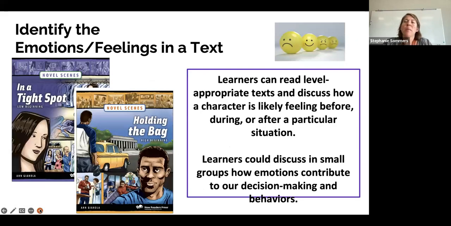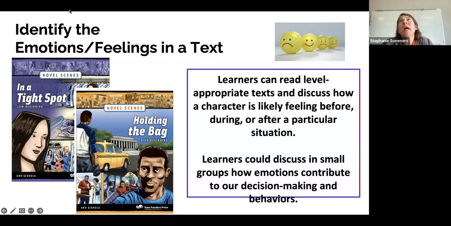Another idea might be to have your learners read a text and then discuss how a character is likely feeling before, during, or after a particular situation. Part of social emotional learning is helping us to understand how our emotions and feelings contribute to our decision-making and behaviors, right? An example from our students might be, I haven't come to school recently because I'm feeling a little frustrated, or I'm feeling a little discouraged, right?